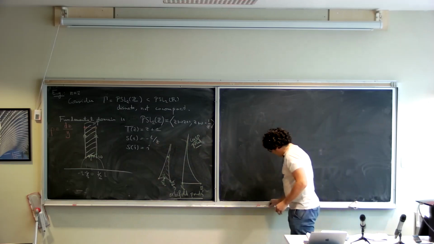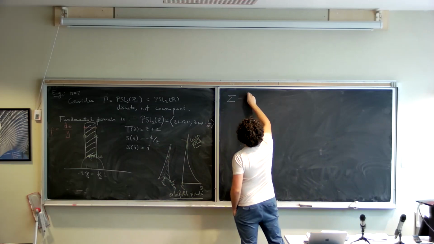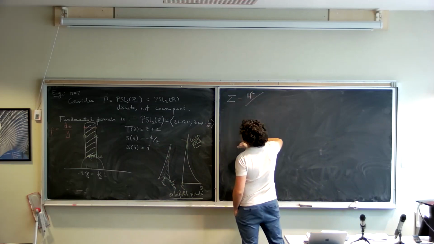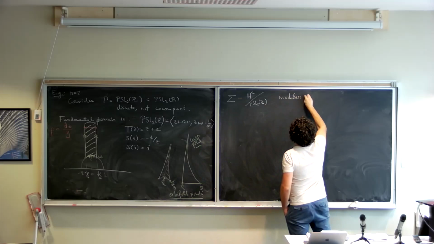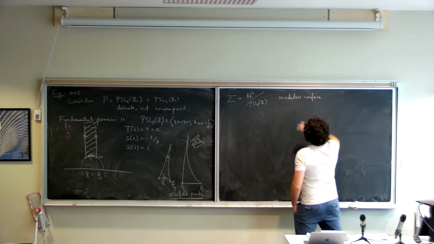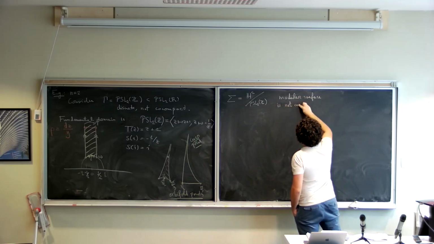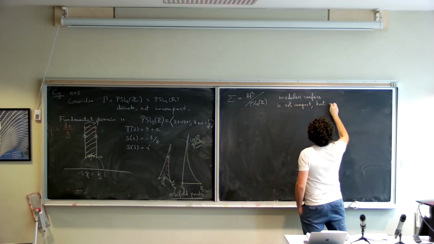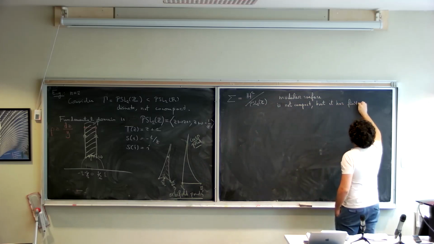So if you consider sigma, which is H2 mod PSL2Z, which is called the modular surface, this one is not compact, but it has finite area, finite volume.